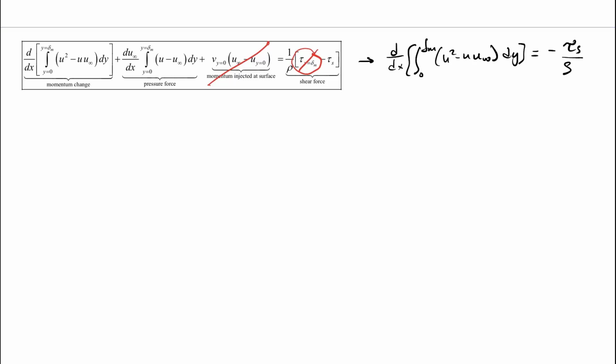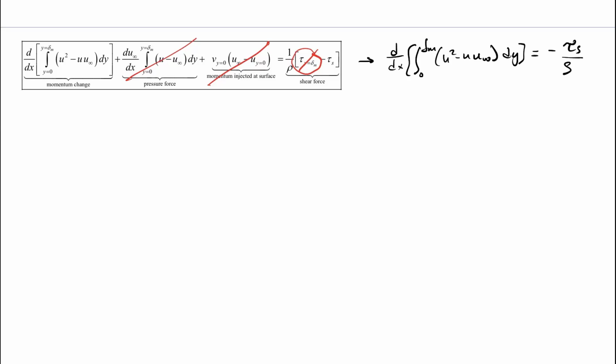Okay, so that's our simplified version that we can solve. That's based on just going through and saying there's stuff here that I don't care about, so I can get rid of it. I think we're actually neglecting this term as well. So we're just left with momentum change is equal to reaction and shear force.